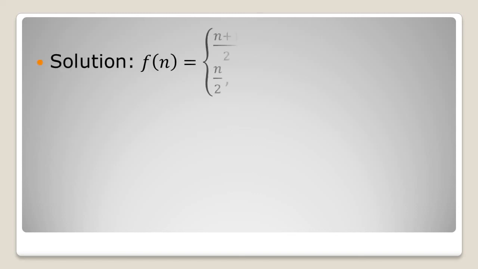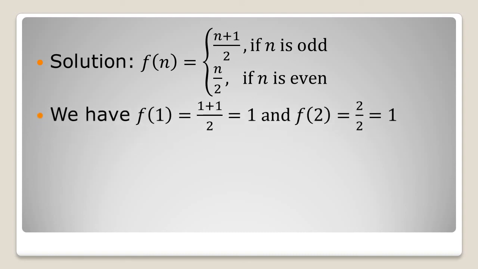The first part is the function is defined in this way. Now we can test it by putting the value of n as 1. Since 1 is an odd natural number, we get the value equal to 1.